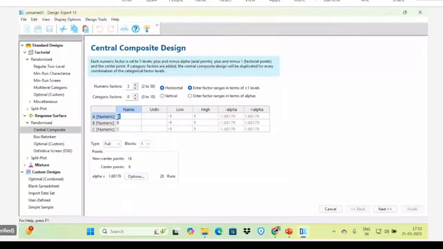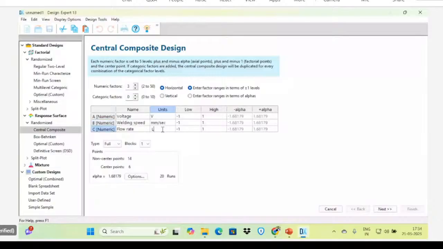Suppose voltage, then welding speed is the other factor, and flow rate of shielding gas I've taken as the third process parameter. Then we have to put the units. Flow rate units are liters per minute.